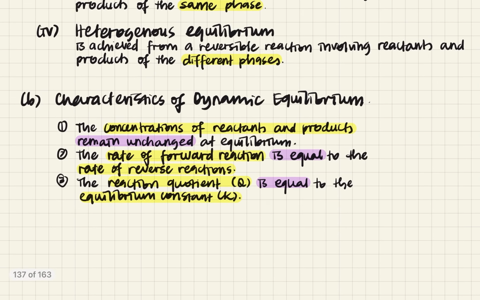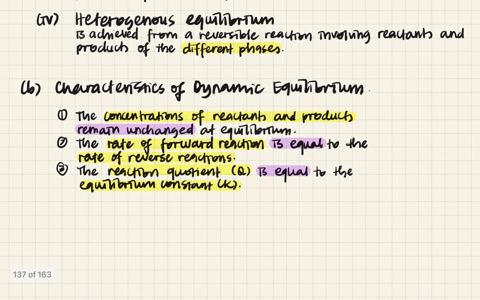Okay, so B, you have to give two characteristics for dynamic equilibrium. Okay, when does your chemical reaction achieve dynamic equilibrium? It is when your concentrations of reactants and products remain unchanged.